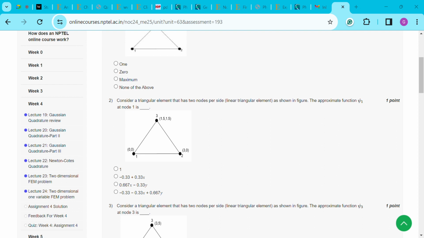If we assume any specific function for w, then for that specific function it won't be zero, but the average weighted error will be zero.